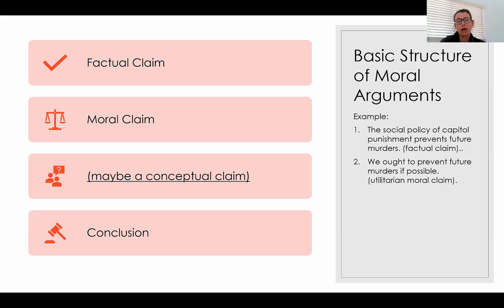So this could potentially be a utilitarian moral claim, right? So do that thing which will prevent, and you could make the argument longer, prevent all this misery and suffering and fear in the populace, okay? So you could, on utilitarian grounds, say that we ought to continue this policy of capital punishment for murder, okay?